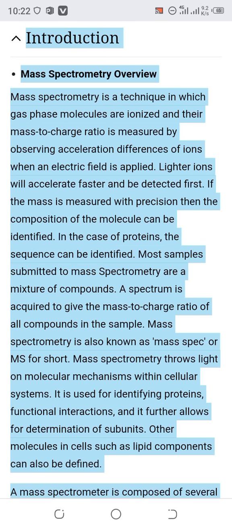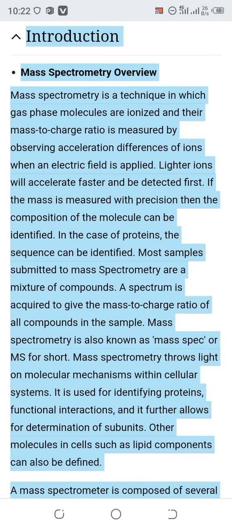Lighter ions will accelerate faster and be detected first. If the mass is measured with precision, then the composition of the molecule can be identified.